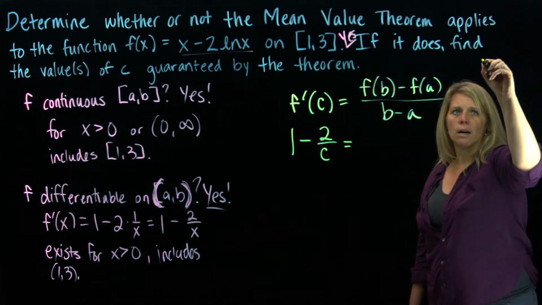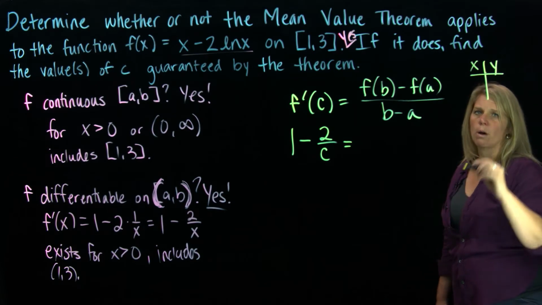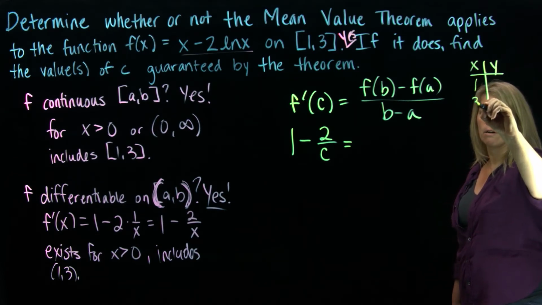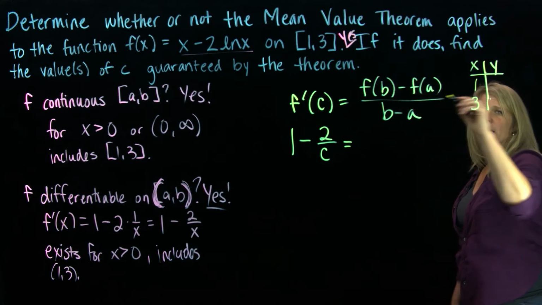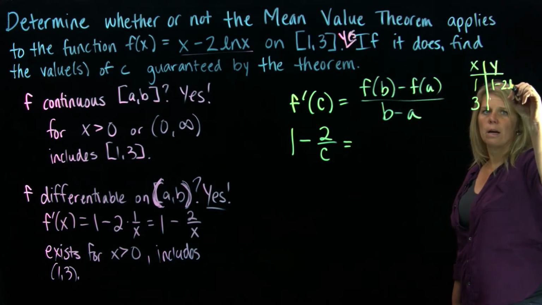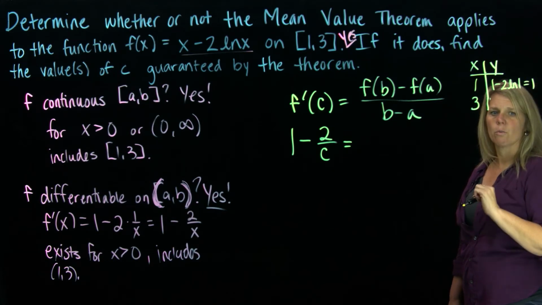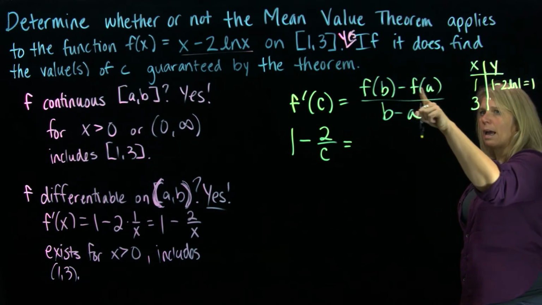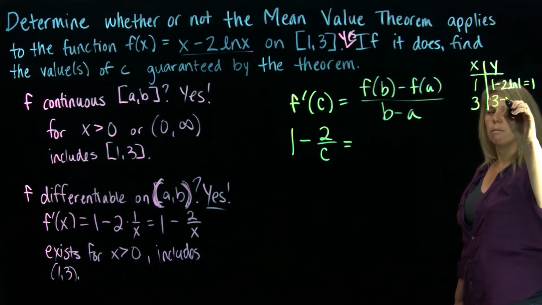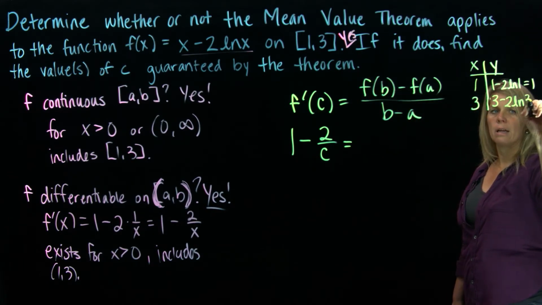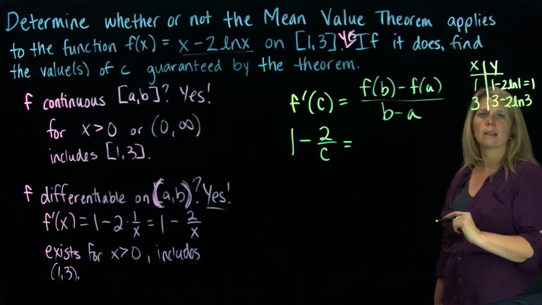All right, so here my a and my b are x and y. So I'm just going to make a little chart over here. My a is 1, so f of 1 would be 1 minus 2 ln of 1. Natural log of 1 is 0, so that's just 1. And then my f of b, when I put in 3, I'll have 3 minus 2 ln of 3. And I can't simplify that especially nicely, so I'm just going to leave it like that.